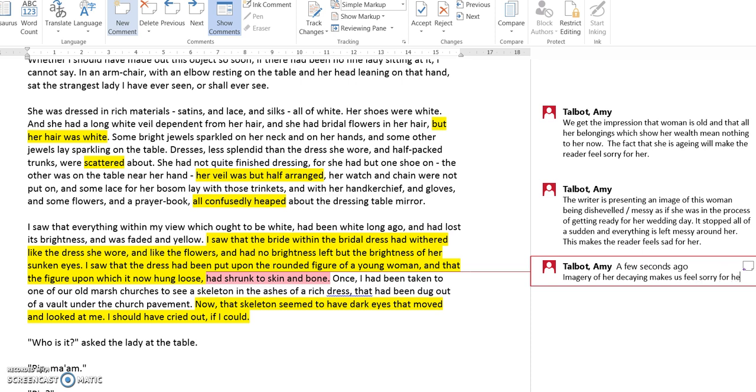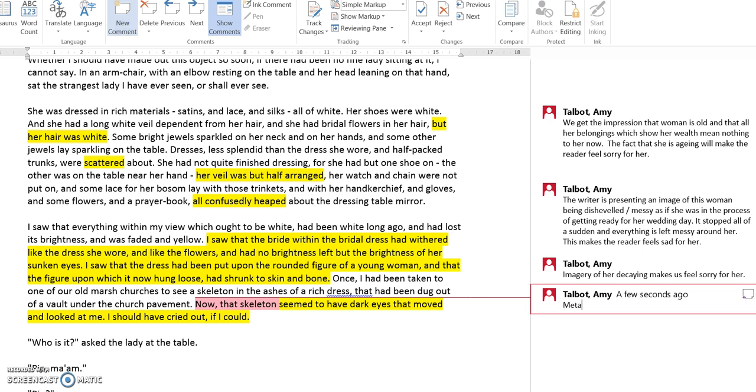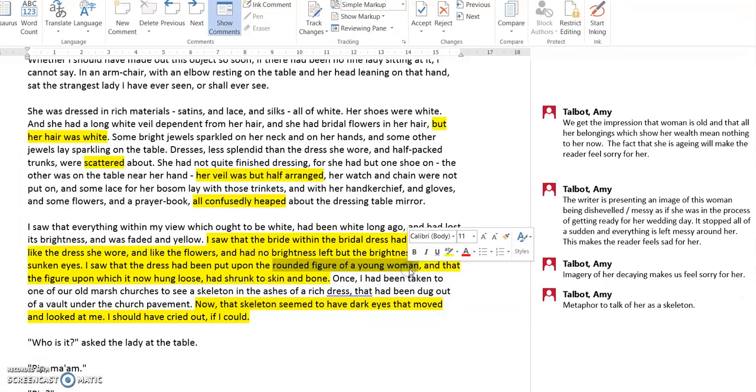And of course, that imagery is further reinforced when he uses the metaphor to talk of her as a skeleton, which again emphasizes the age, emphasizes the kind of horrific image of her, if you like, as this frightening and monstrous creature now, compared to, you know, the young, rounded figure of a young woman that she was before.